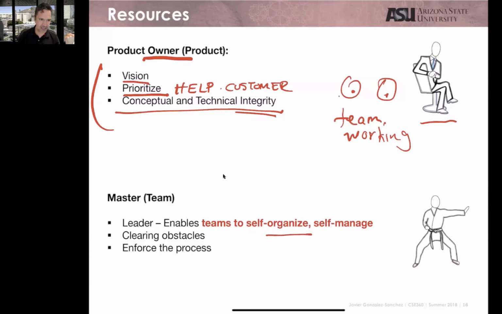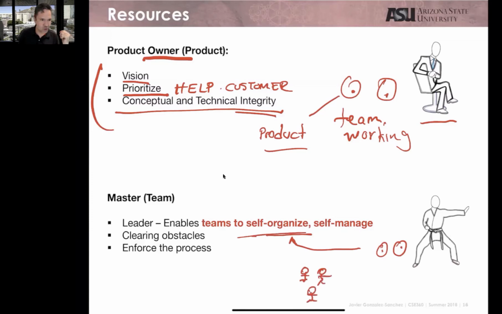If this guy is checking about the product, if this guy is taking care that everything that happened is in the benefit of the product, in the benefit of the customer, this guy here is the one that is checking that the people in the team are really working together.